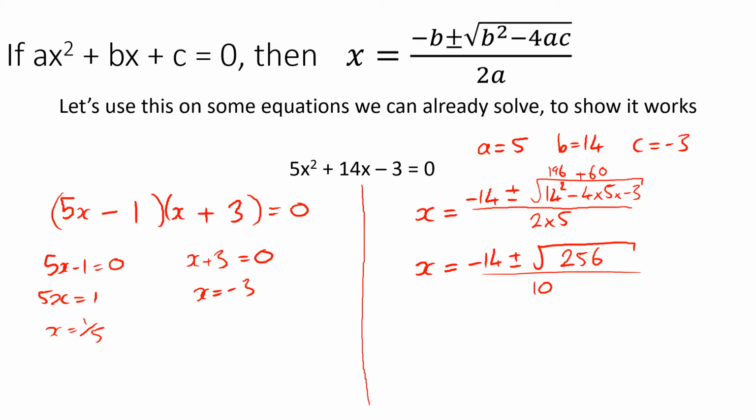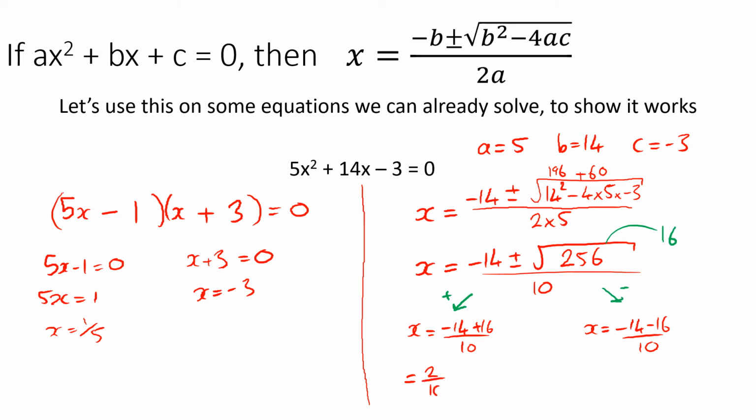The square root of 256, if you're interested, is 16, which means we're going to be able to get some nice numbers out of here. So we'll do this once with the plus, and we'll do this once with the minus, and we'll end up with minus 14 plus 16 over 10, or minus 14 minus 16 over 10. And hopefully you know where these are going.